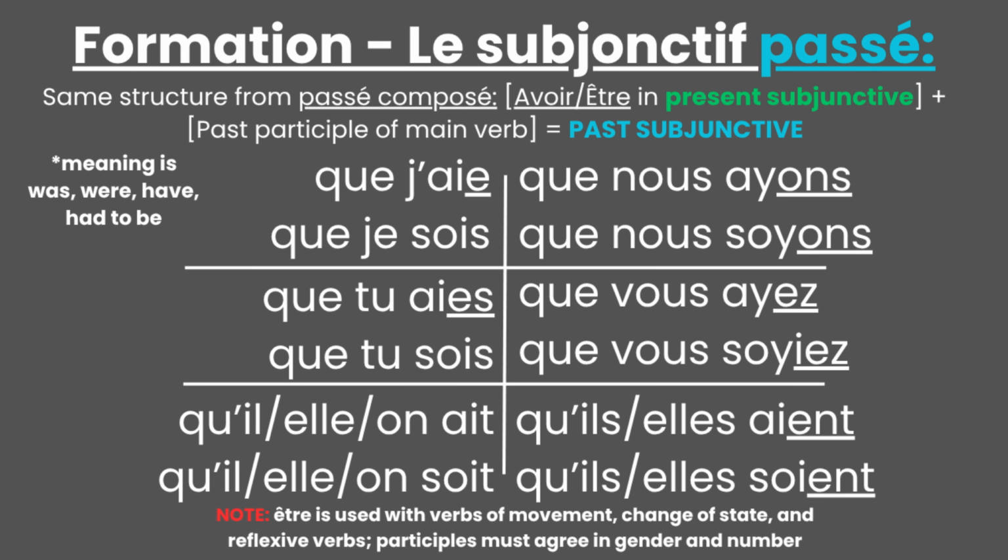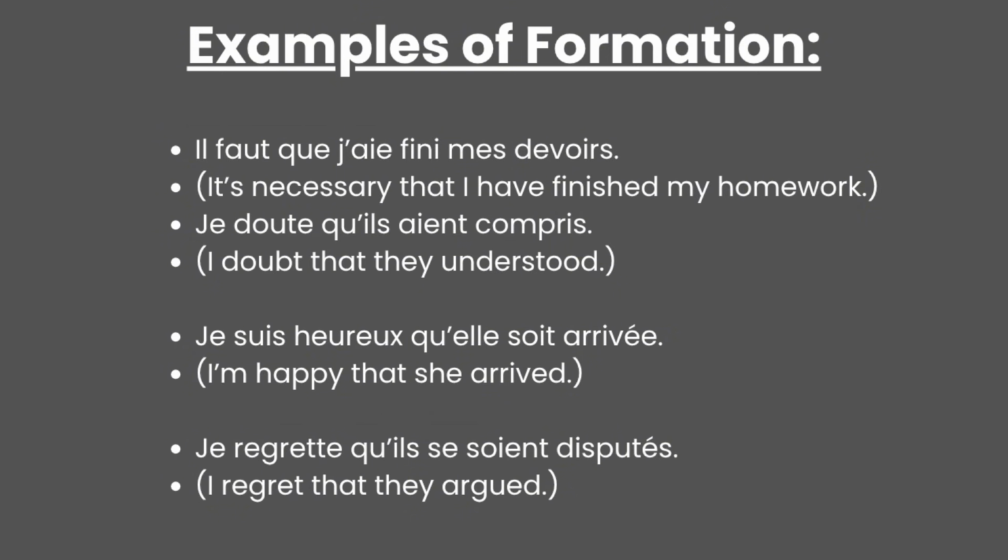Que je sois, que tu sois, qu'il, elle, on soit, que nous soyons, que vous soyez, qu'ils, elles soient. Some conjugations may sound the same, so say them with the subjects to tell the difference. This is how the past subjunctive is formed, and we can use it in the following examples.